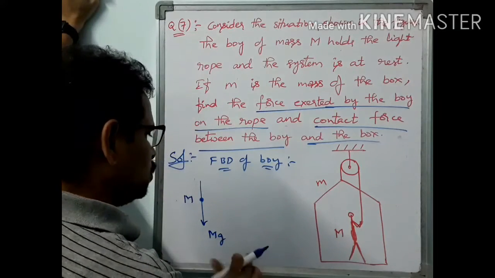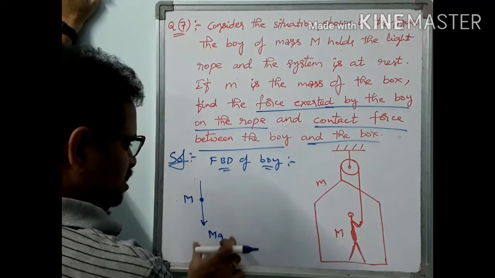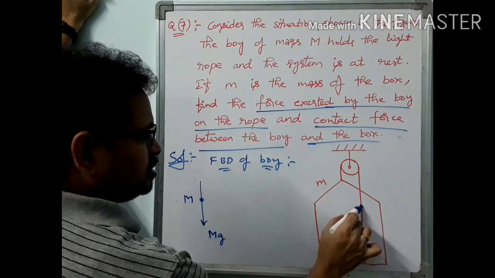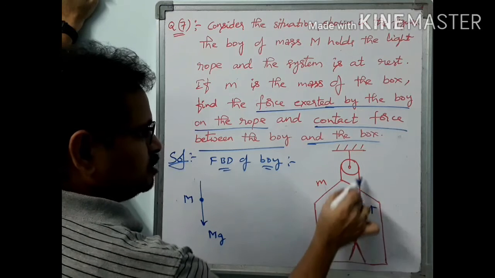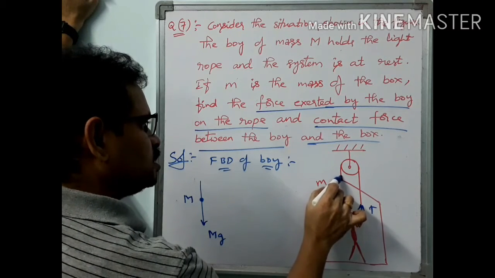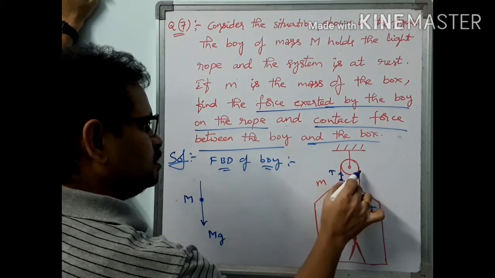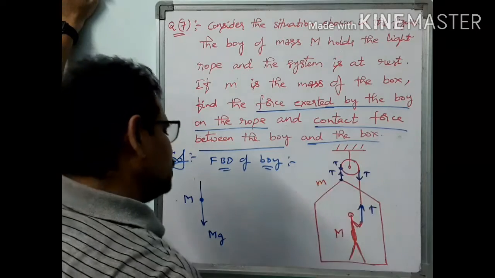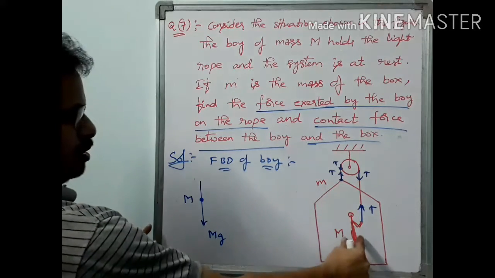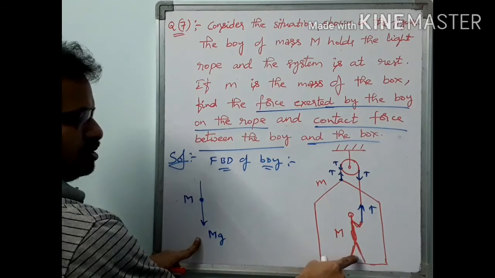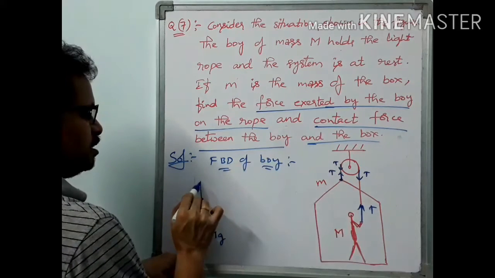So we have to take care of these things here. The first one is gravitational force, which I have drawn here, and here is the tension force, T. It is a single rope system, no? Tension is T only. Here also on this box tension is T. On this pulley tension is T. On this pulley here tension is T. So on the boy, the first force, gravitational force, has been drawn here. Next one, in upward direction, tension force is there due to the string.